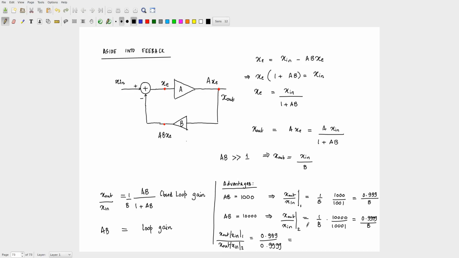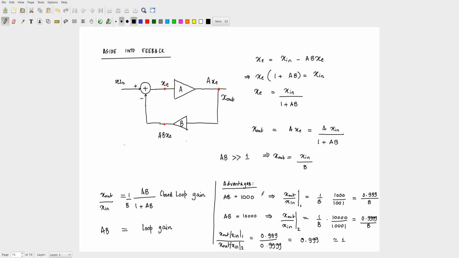Somebody with a calculator has to give me this number. So it's effectively 0.9999 something, so this is approximately 1.